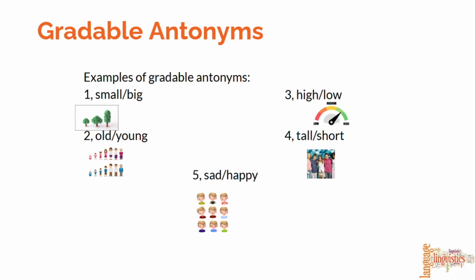And they can be graded, and it is also a gradable antonym. Same as the fifth pair. It's about a spectrum of sadness and happiness. And the negation of one cannot apply to the other, and they are gradable. So it is also a gradable antonym.